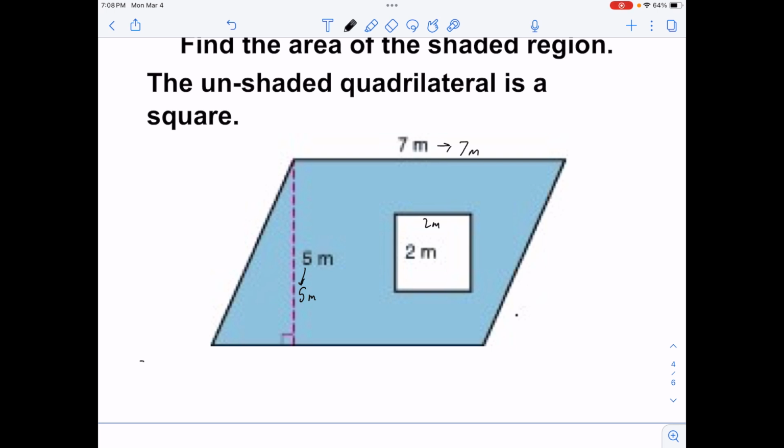So in this case, the area of the composite shape is going to equal the area of the parallelogram minus the area of the square. If there is a part taken out of the shape, we have to take it away. So we need the area of a parallelogram and the area of a square.